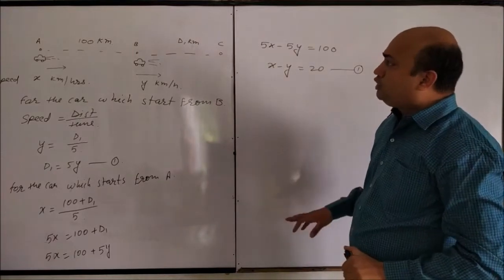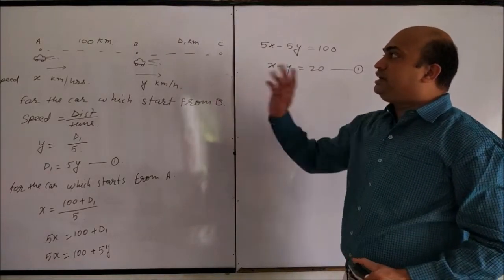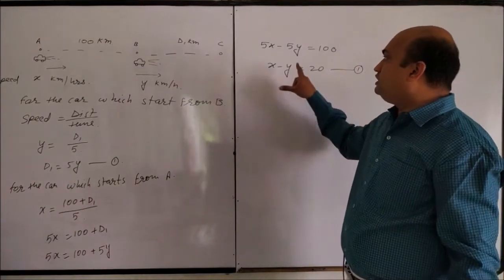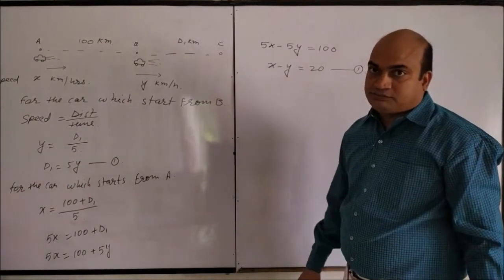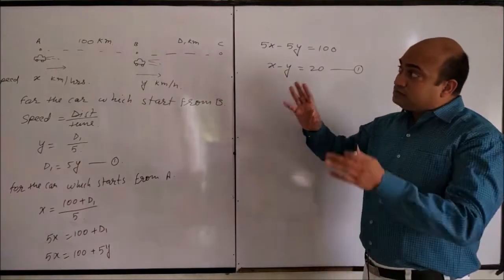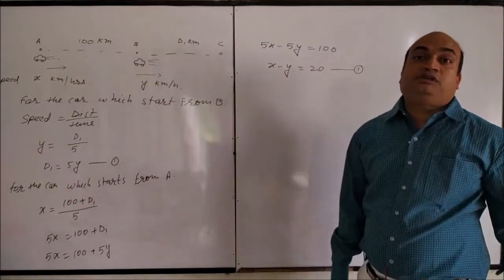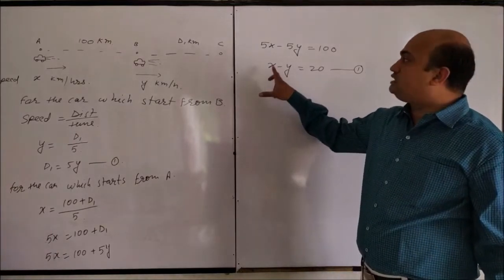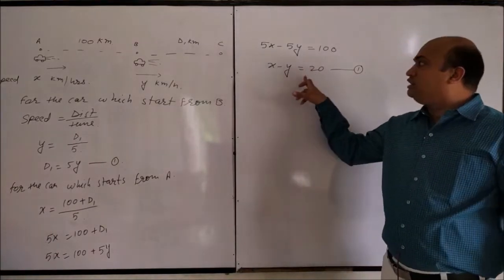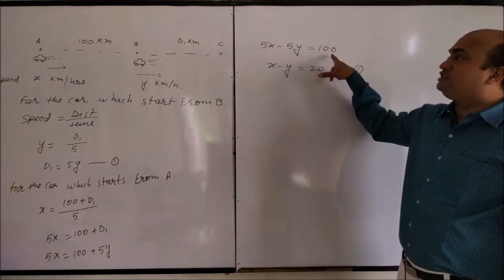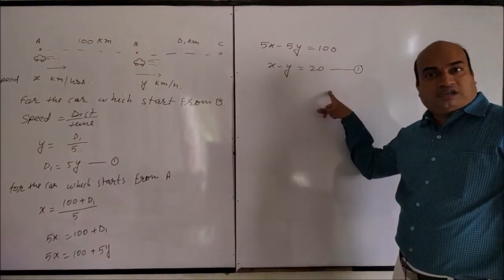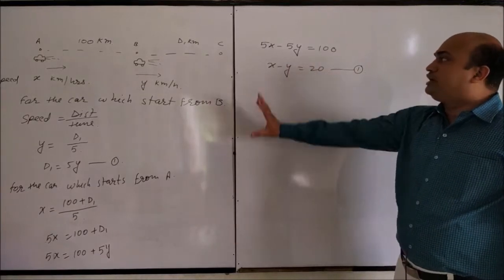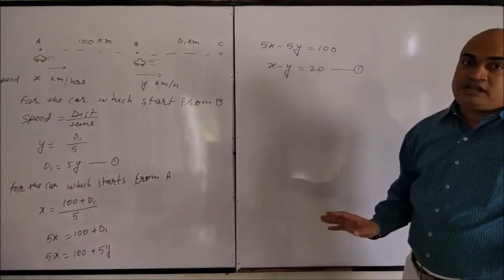If we take the relative speed of the two cars, it will be x minus y kilometer per hour. If they travel in the same direction, then the speeds will be subtracted. The relative speed is distance upon time. Distance is 100 kilometer and time is 5 hours. So x minus y equals 100 by 5.